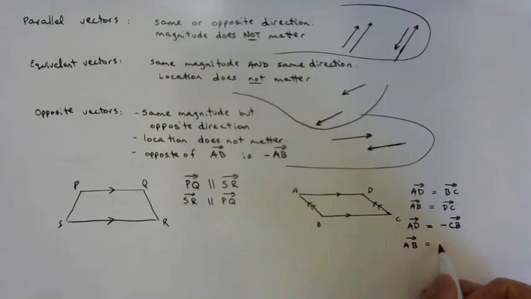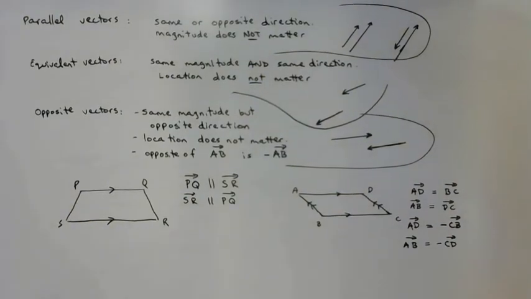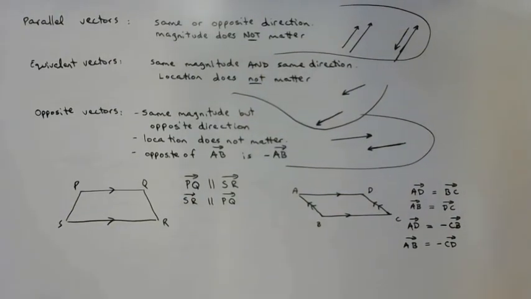So AB is equal to negative the vector CD. So you can look at vectors from either way. It is important which letter you put first. That will tell the direction of the vector. So you don't want to call a vector its opposite. Okay, let's apply this in example 5.